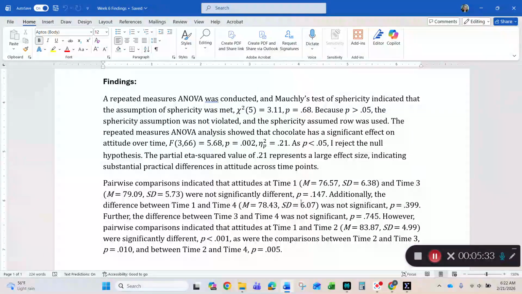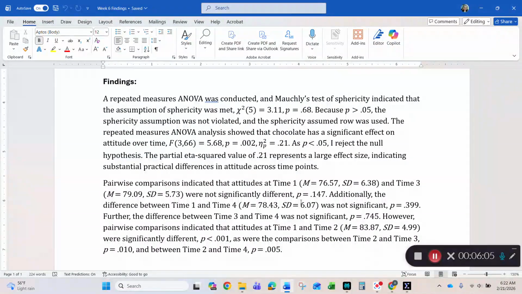As p is less than 0.05, I reject the null hypothesis. As a partial eta squared of 0.21 represents a large effect size, this indicates substantial practical difference in attitude across time points. Pairwise comparisons indicated that attitudes at time 1 mean 76.57, standard deviation 6.38, and time 3 mean 79.09, standard deviation 5.73, were not significantly different.